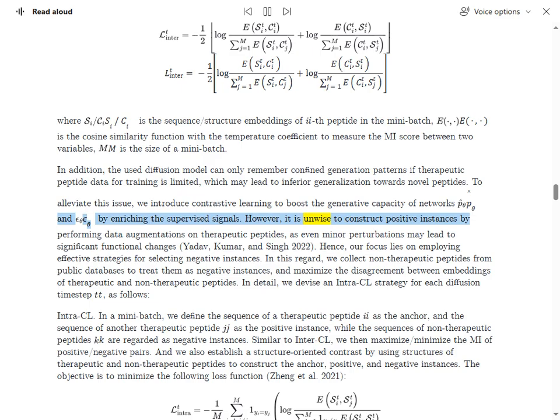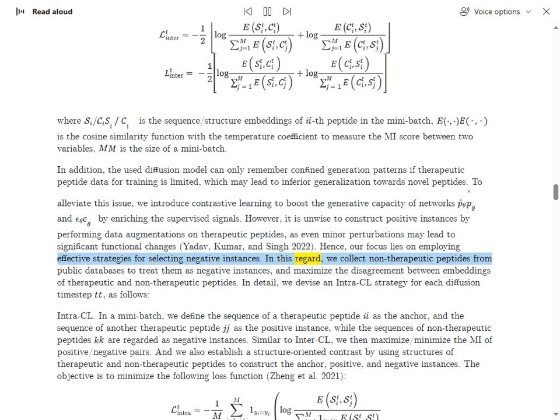However, it is unwise to construct positive instances by performing data augmentations on therapeutic peptides, as even minor perturbations may lead to significant functional changes, Yadav, Kumar, and Singh 2022. Hence, our focus lies on employing effective strategies for selecting negative instances.